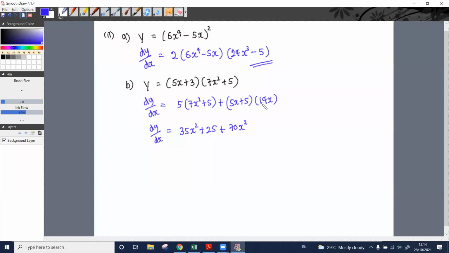And 14x into 5, that is 70x. There are like terms, so we can add them. 35 plus 70x squared, that is 105x squared plus 70x plus 25. So this should be your answer.